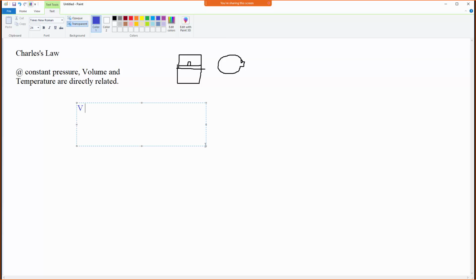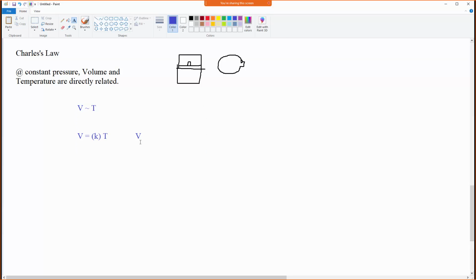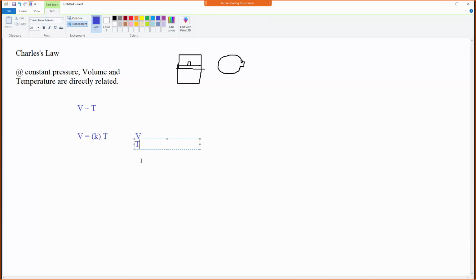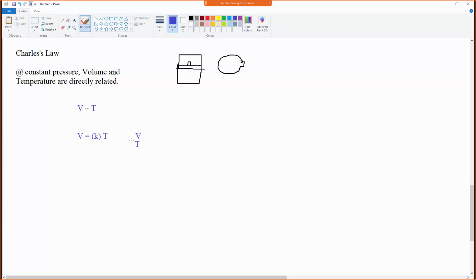Say volume is directly related to the temperature. And again, we can say that volume equals some constant times temperature. If we divide by temperature, we'll see that the volume divided by the temperature is going to equal that constant.